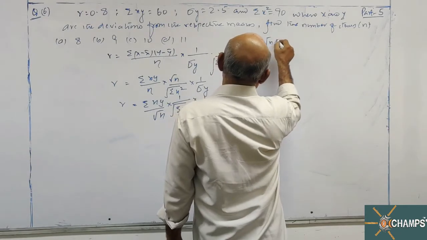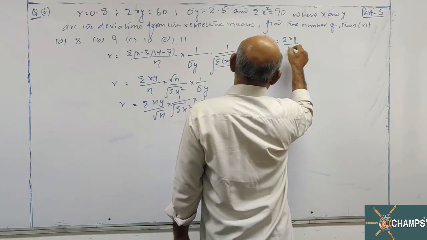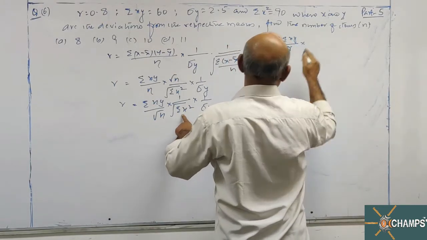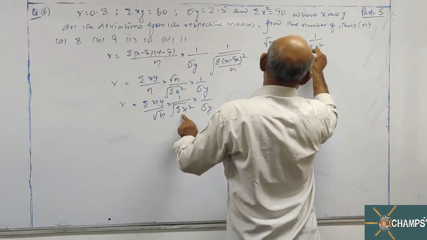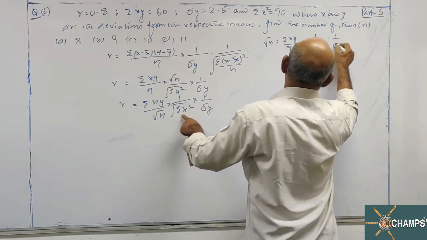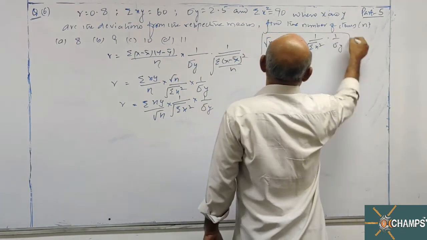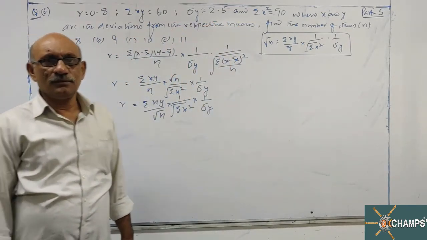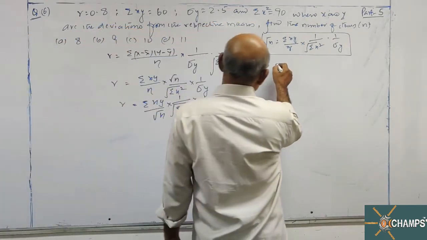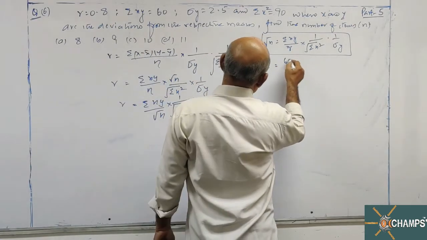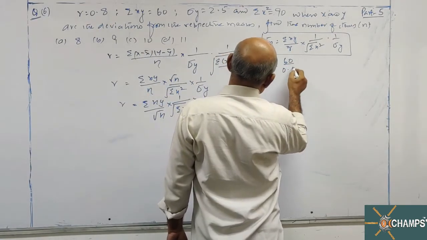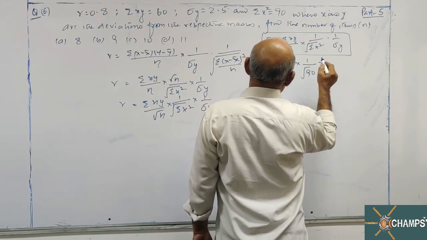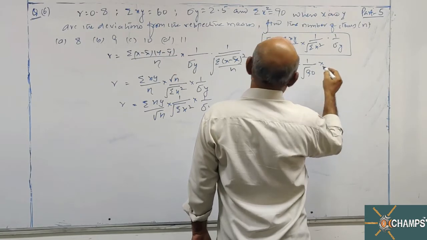So square root of n is equal to summation of xy by r into 1 by summation of x square into 1 by standard deviation of y. This is one way of solving the question. So summation of xy is 60, r is equal to 0.8, 1 by 90 under root into 1 divided by 2.5.